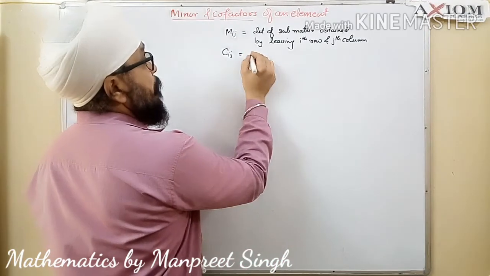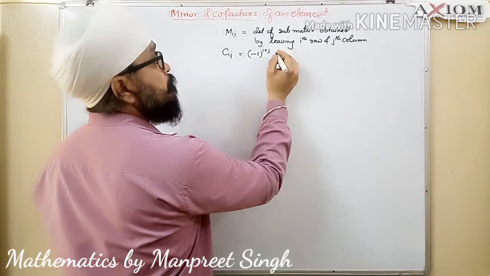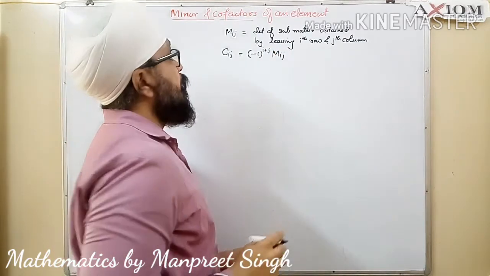Cofactor is minus 1 to the power i plus j into Mij. Clear?